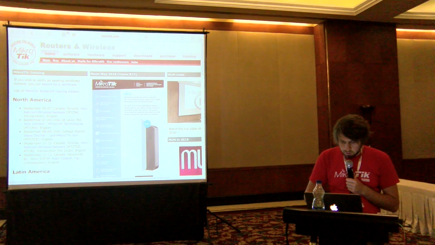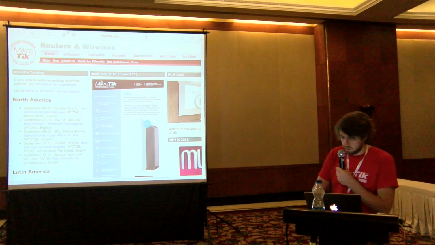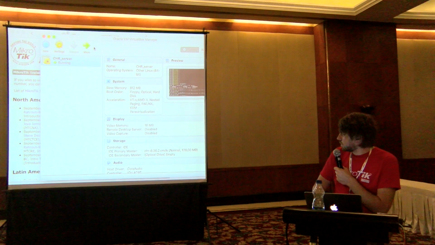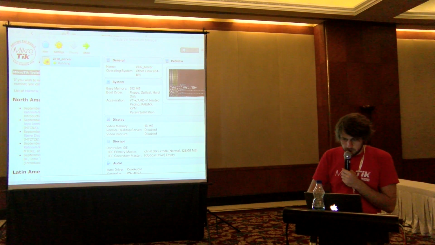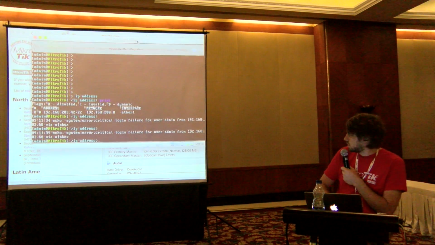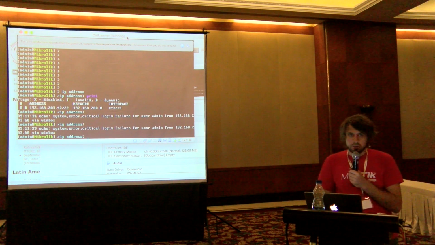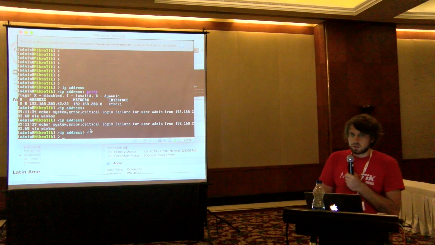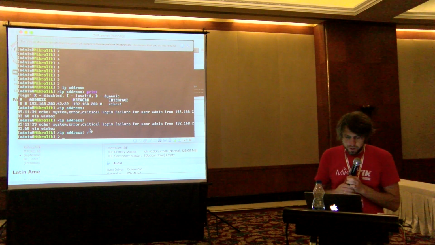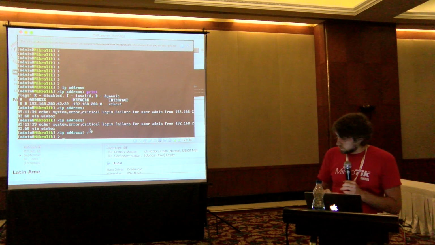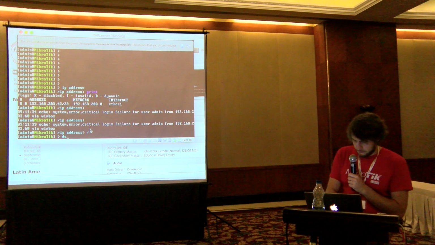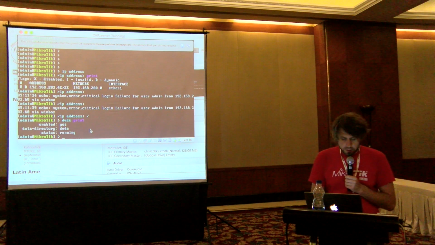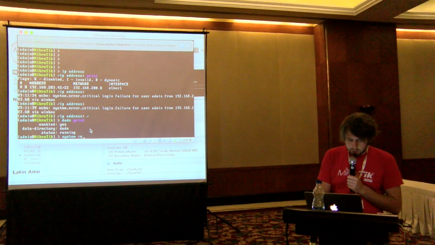So my VirtualBox is here. My console is here. So somebody is trying to log into my router already. Hopefully you will not guess the password too fast. So my Dude is running on my CHR.